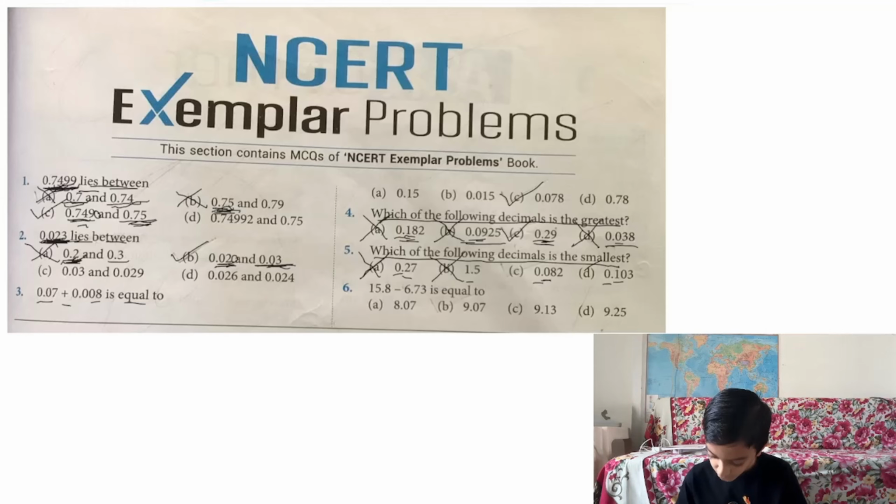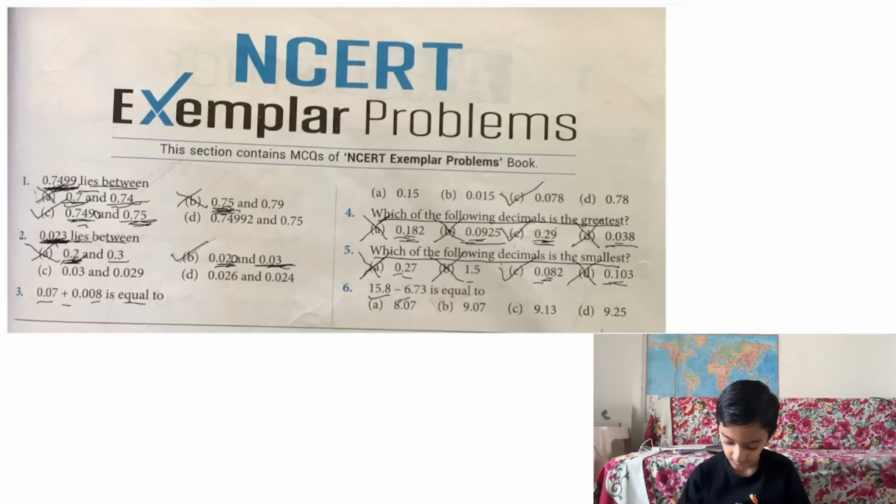This option is also eliminated because here this is greater than this. But here we have to find out the smallest number. So the only option left is option C. So the correct answer of question 5 is option C, which is 0.082 because it is the smallest of all the four options. Question 6.